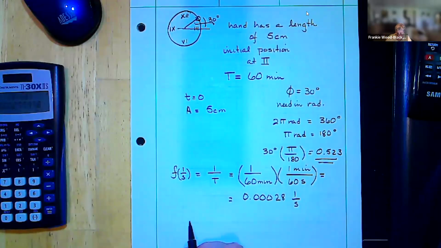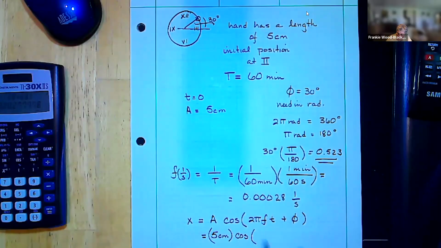My equation is x is equal to A cosine 2 pi times my frequency times t plus my phase angle. A, we're given, I can write it as 5 centimeters. Cosine, I've got 2 pi times my 0.00028 times time plus my 0.523.